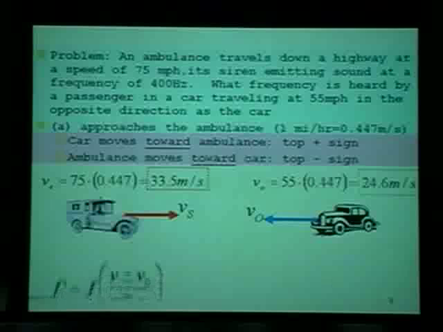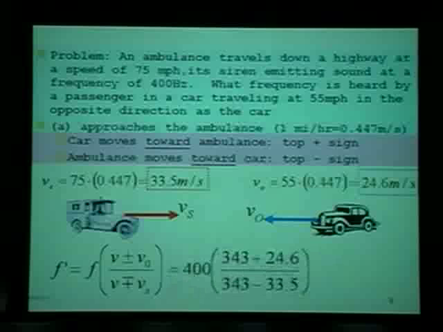If I apply the Doppler formula, then the observed frequency will be equal to the actual frequency put out by the source, 400 hertz, times the velocity of sound, 343 meters per second. The observer is moving toward, so we'll use plus 24.6 meters per second for the observer, over the velocity of sound, 343.